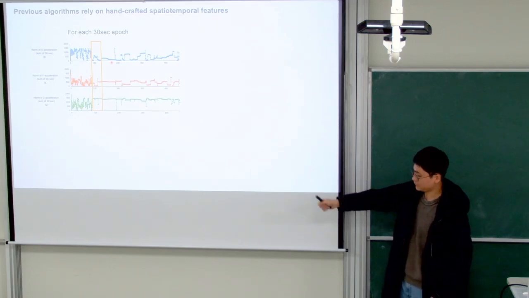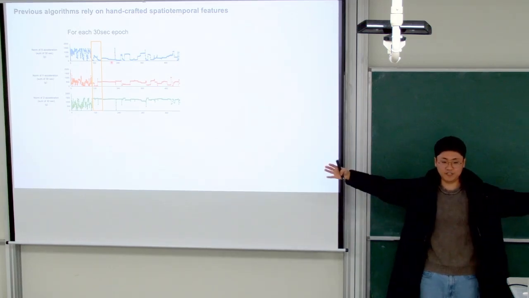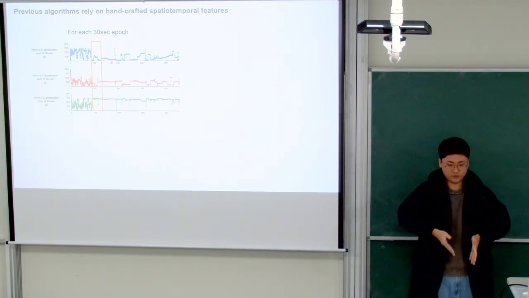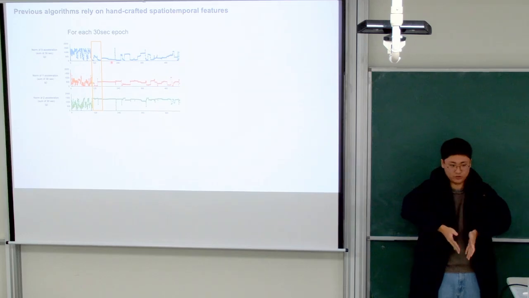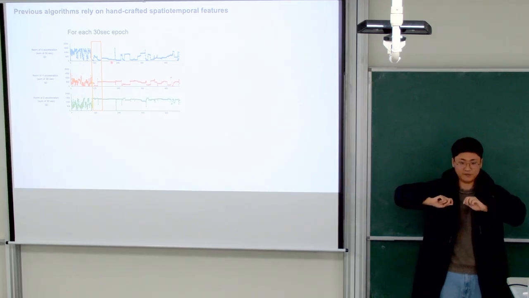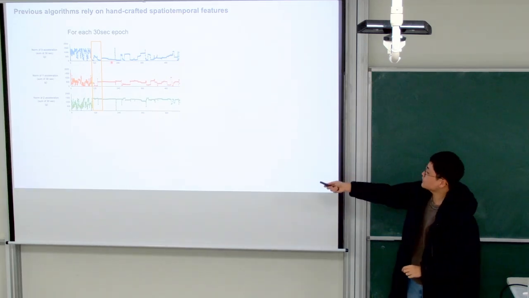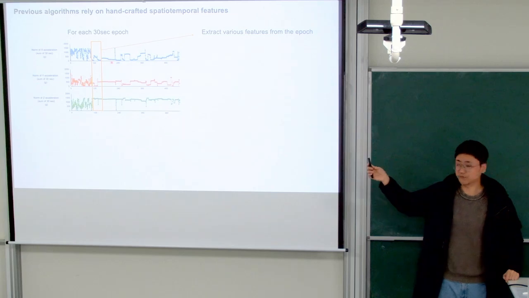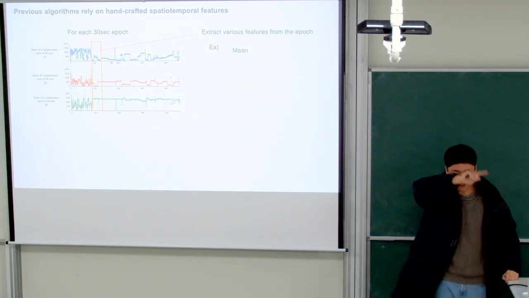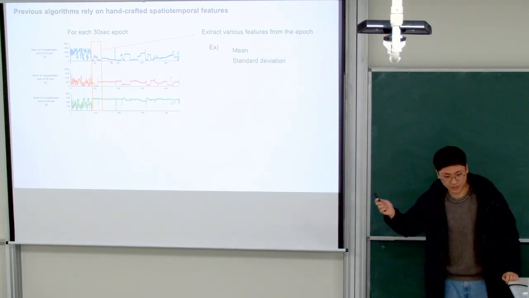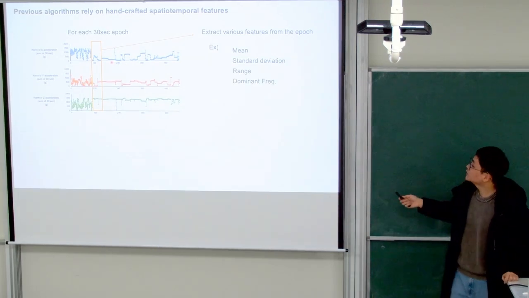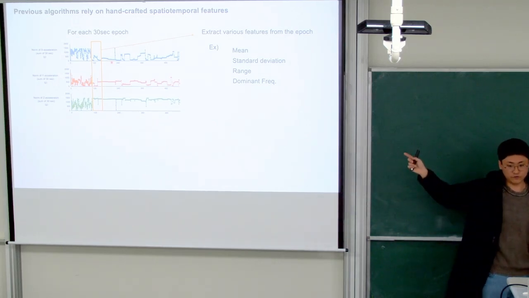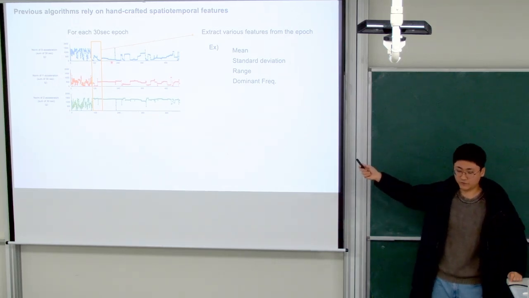So we divide each time series into, for example, 30-second epochs. And for each epoch, so for each 30-second window, we have the time series data, right? And using this time series data, we extract various features. For example, the mean value of this time series or standard deviation, range. We also can apply the Fourier transform and find what is the dominant frequency.